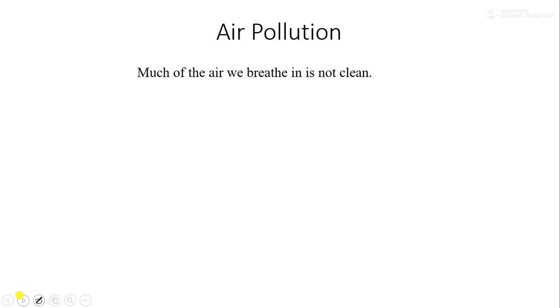They may harm us, and they also damage non-living things. So, the meaning of air pollution is the presence of toxic and harmful chemicals in the air, which may harm human beings, living organisms, and can damage non-living things as well.